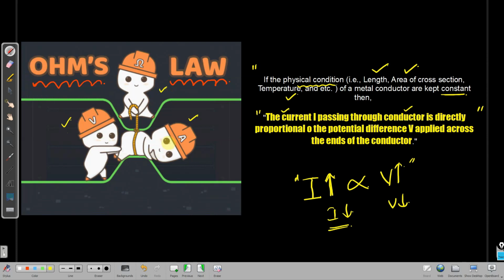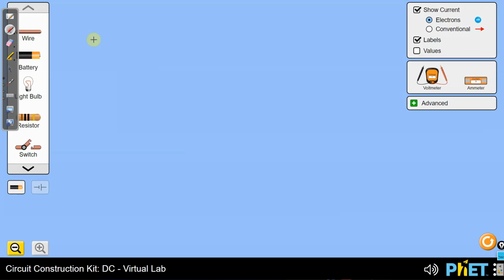Here we are for the lab activity. For the lab activity, we need some essential materials. We need a resistive element or the load, a resistor or resistive load. We need conducting wires for connecting the circuit.